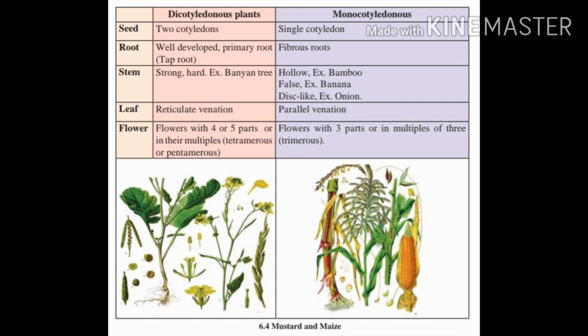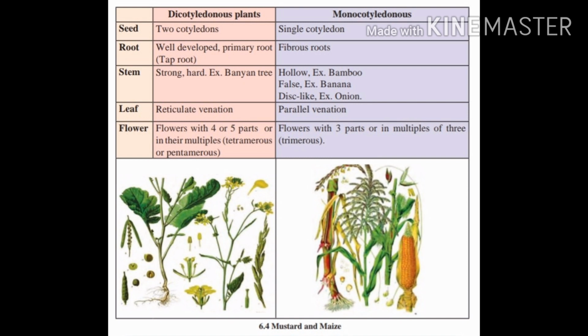For example, maize, jowar, bajra, wheat, rice: their seed contains only one cotyledon. You cannot divide them into two equal parts.